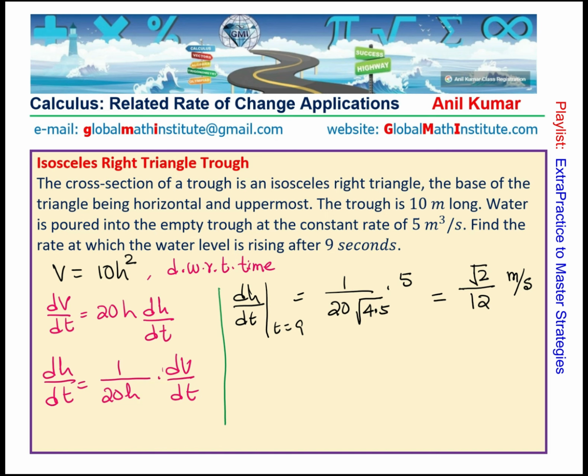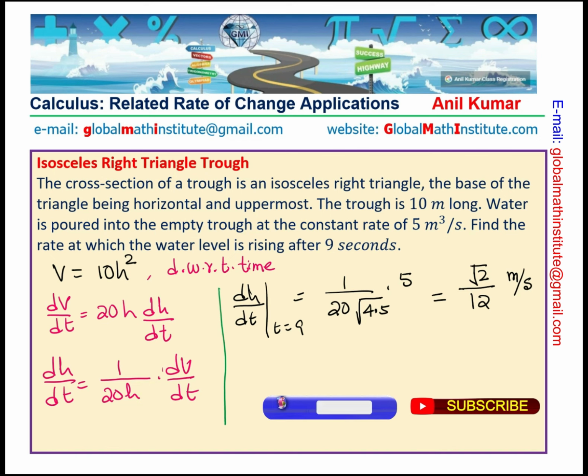You get the idea. So when we are talking about application questions on related rates, there are so many parameters to be connected. As in this particular case, we first found the area of a right angle triangle as half times 2h times h, which is h square.